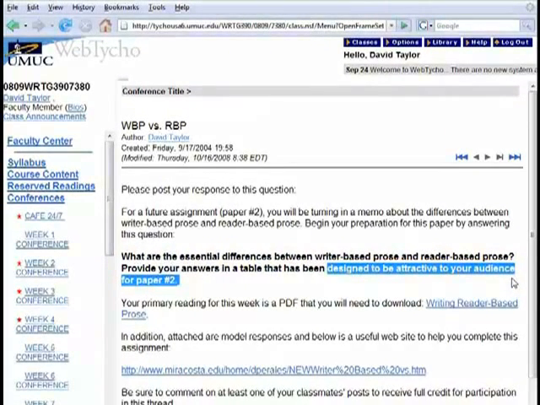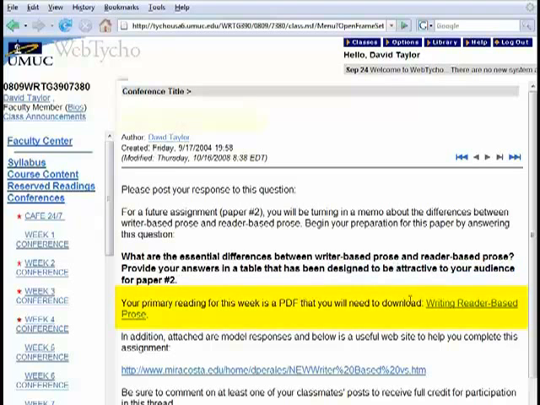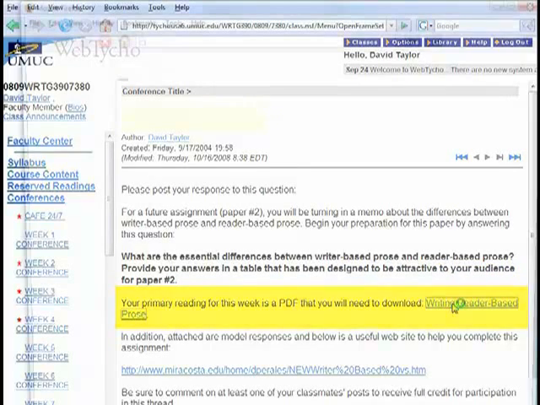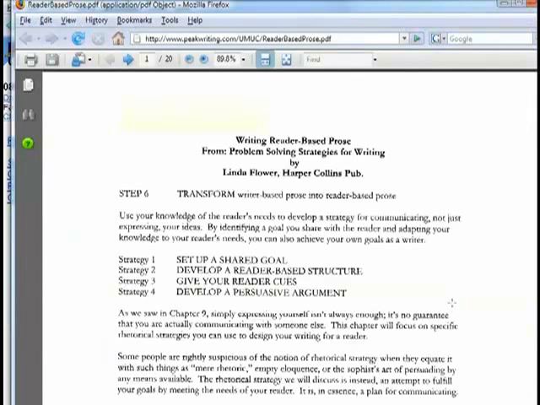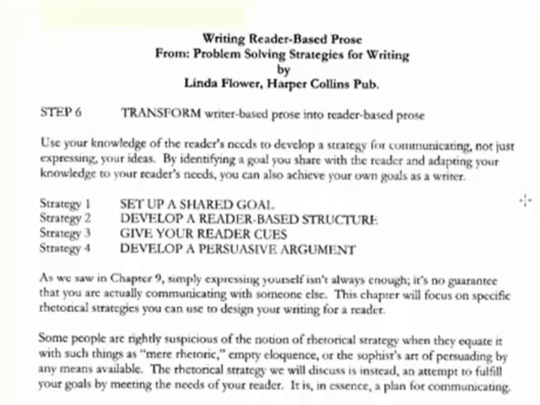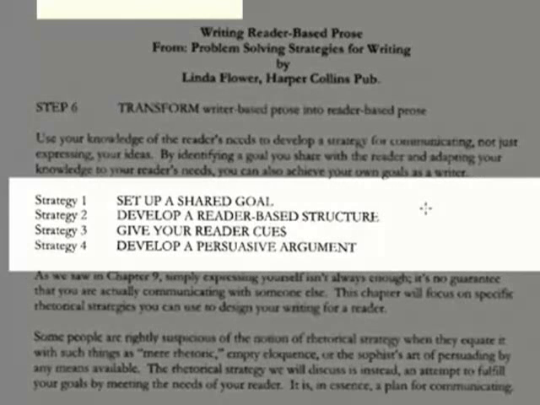Now, your primary reading for this week is a very long PDF by Linda Flower entitled Writing Reader-Based Prose, and that PDF is from a book entitled Problem-Solving Strategies for Writing. I want you to look especially at strategies 1, 2, 3, and 4. This is where the author gets down to business.